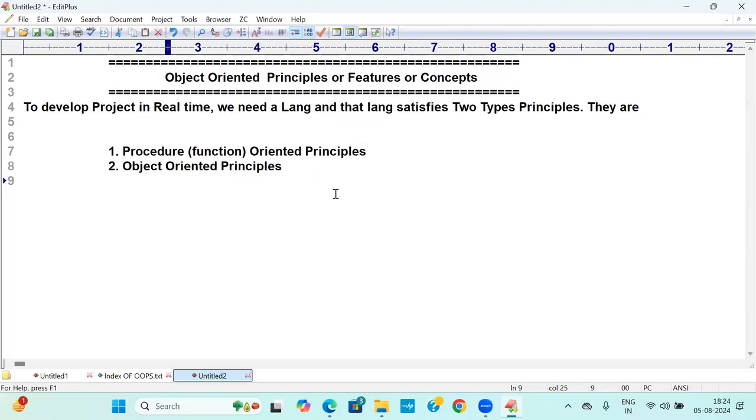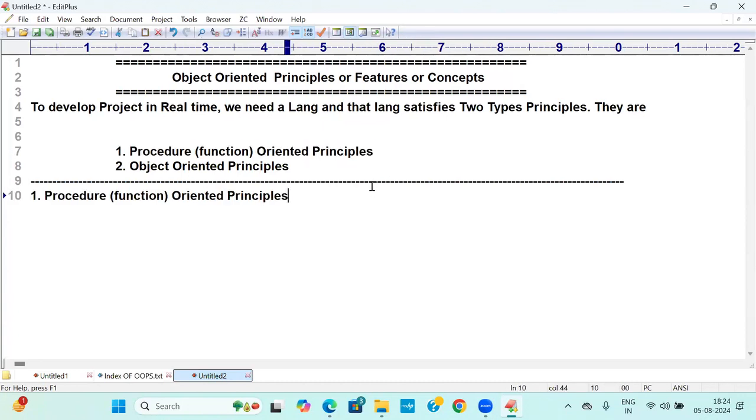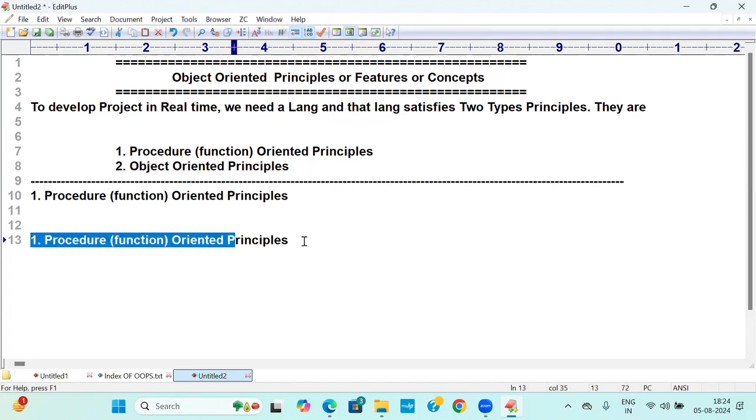Under procedure-oriented principles, which languages will satisfy them? What will be the drawback of that? And what will be the advantages of object-oriented principles? That is what every interviewer will ask you.